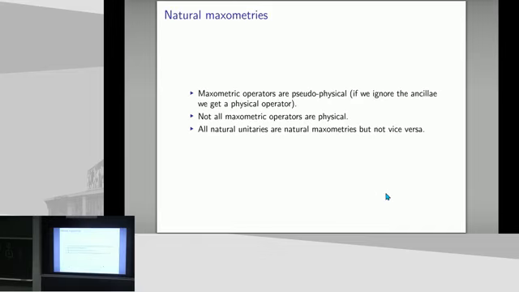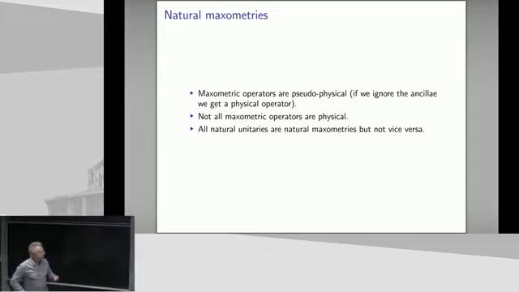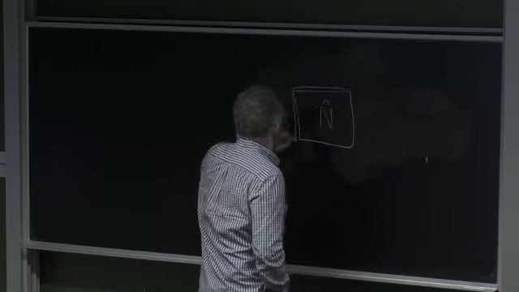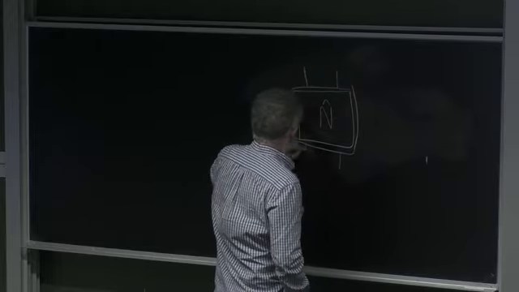So maxometric operators are pseudo-physical. What I mean by that is, if I ignore the ancilla, then I get an operator which is physical. So here's an operator, and say, what's the notation I used?